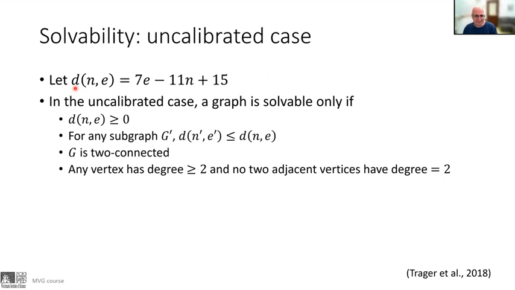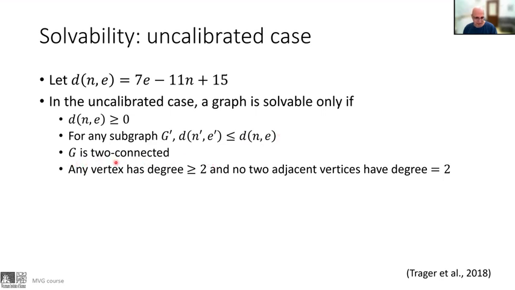Let's define D to be 7e minus 11n plus 15. In the uncalibrated case, a graph is solvable only if this number is greater or equal 0. And in addition, for any subgraph, D of n prime e prime, so if I take a subgraph with n prime nodes and e prime edges, this function D is less or equal to D of the entire graph.